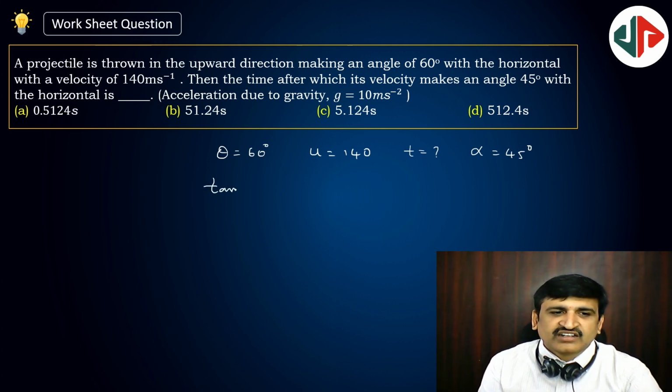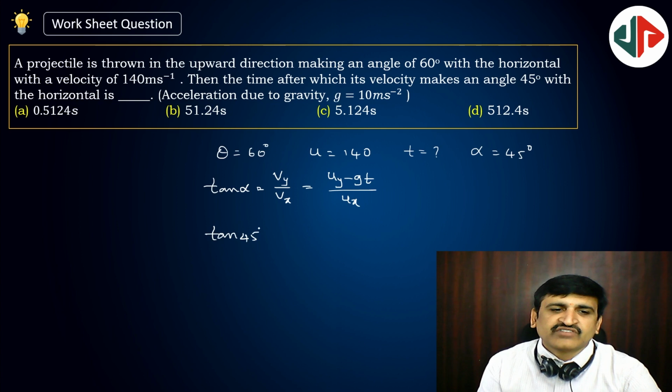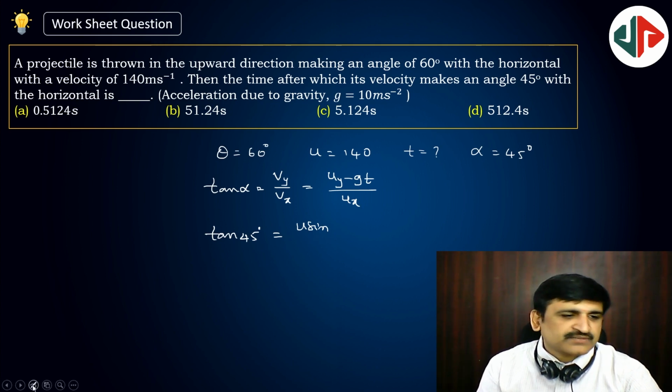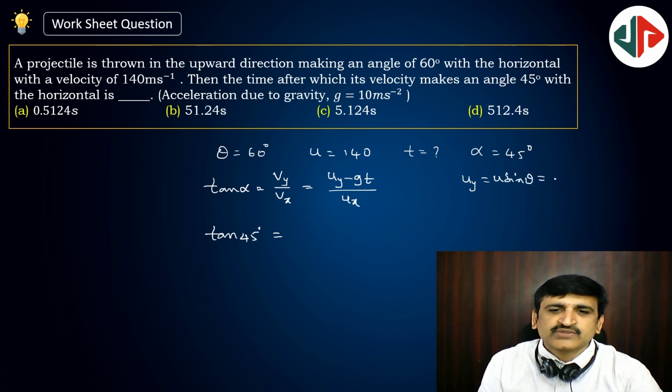Tan alpha is equal to Vy by Vx. That is, Vy is Uy minus gt, and Vx is Ux. Tan 45 is equal to this. What is Uy? U sin theta. Numbers we can substitute directly. Why should I go for long calculations? What is U sin theta?